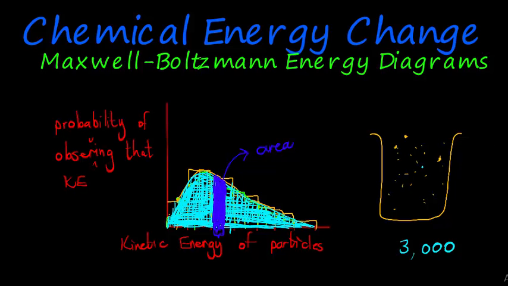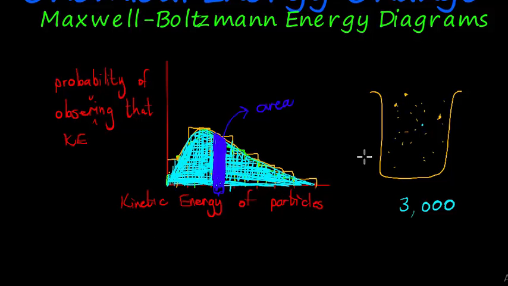I've been talking about energy levels here. Why am I talking about the rate of a reaction? Remember, the rate of reaction is directly proportional to the average kinetic energy of particles.